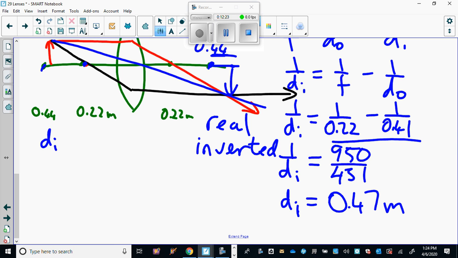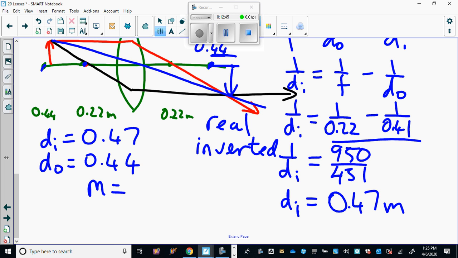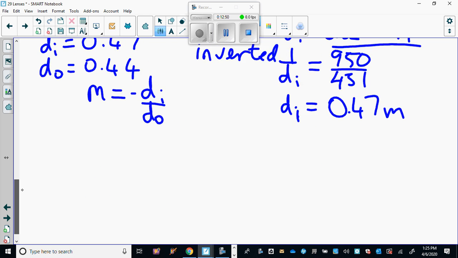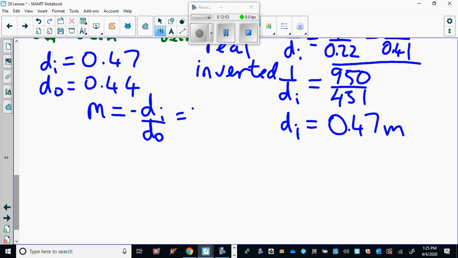So I have my DI now as being 0.47. I have my DO as being 0.44. Let's find out the magnification. The original question did not give me the height of the initial object, did it? No, it didn't. So let's just find out my magnification. My magnification equals negative DI over DO, which equals negative 0.47 divided by negative 0.44. Oh, not 44.